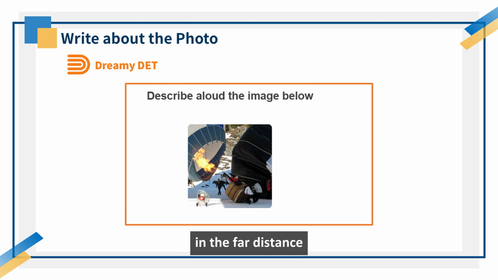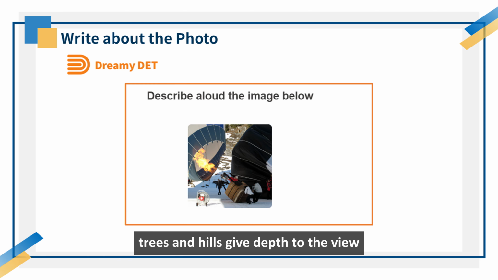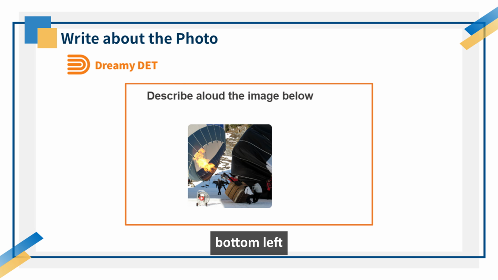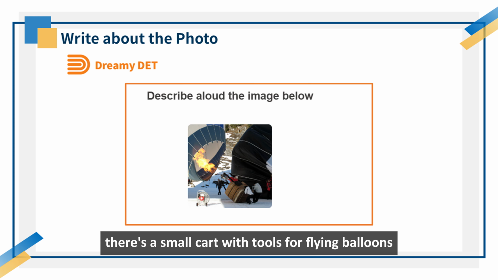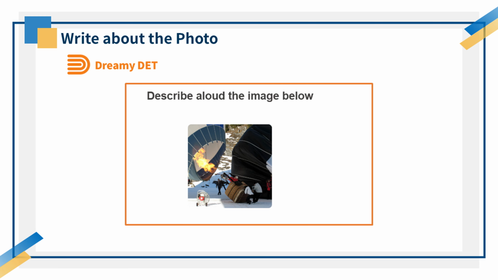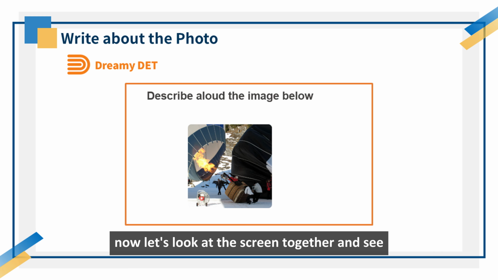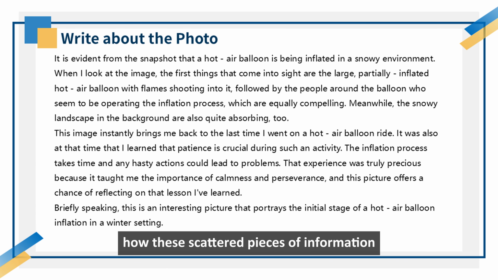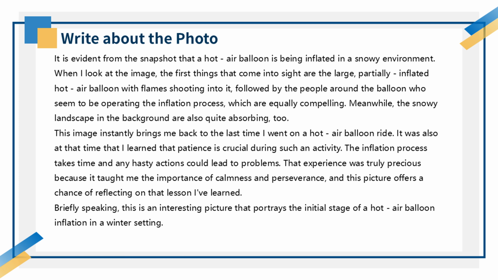In the far distance, trees and hills give depth to the view. Bottom left, there's a small cart with tools for flying balloons. This pic shows prep before takeoff. You can see the work and the environment. Now let's look at the screen together and see how these scattered pieces of information are brought into the template.